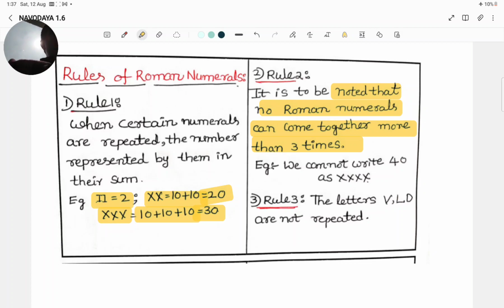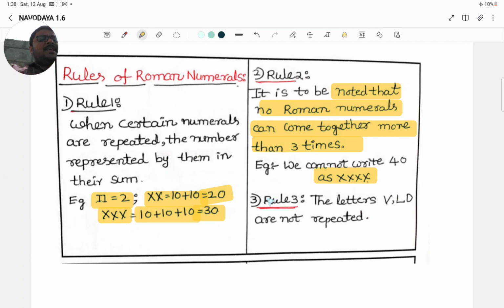For example, we cannot write 40 as X 4 times, that is wrong. This rule explains that some numerals are written only one time, and the remaining numerals are not written more than 3 times.